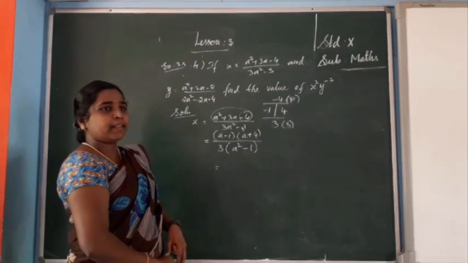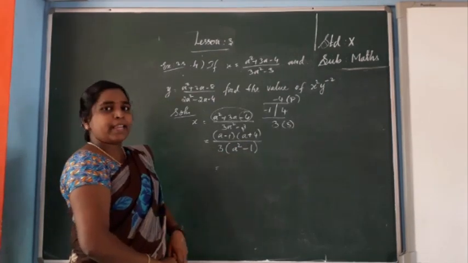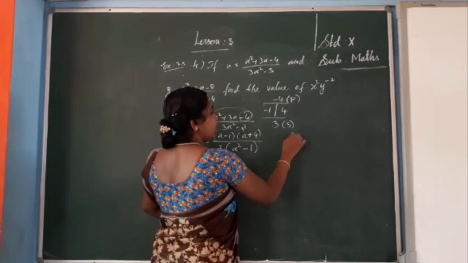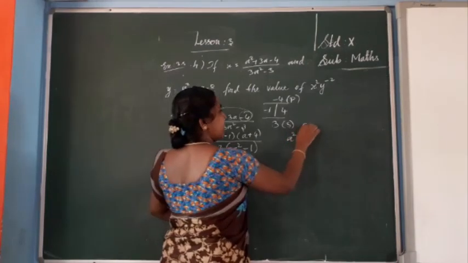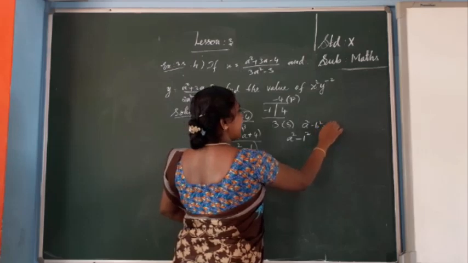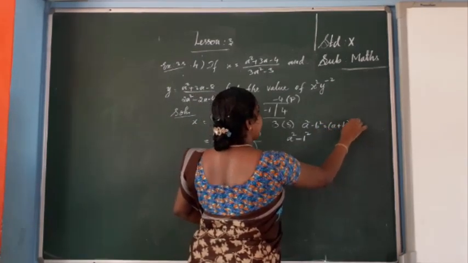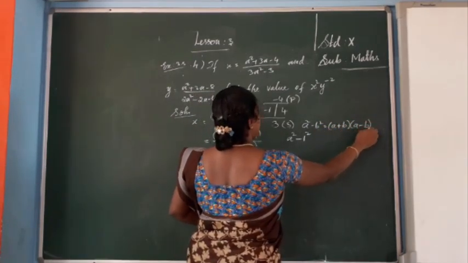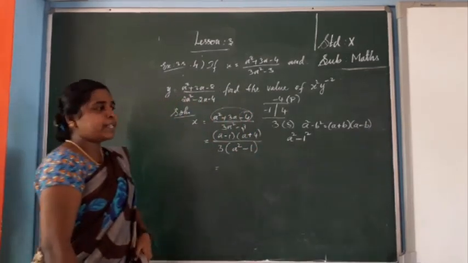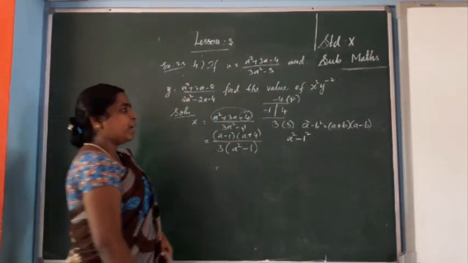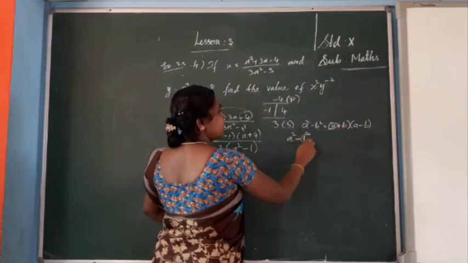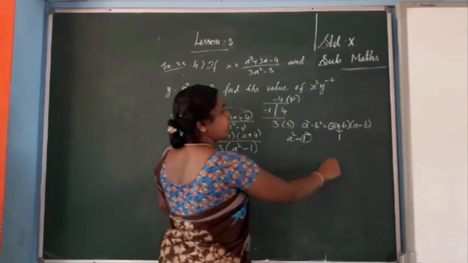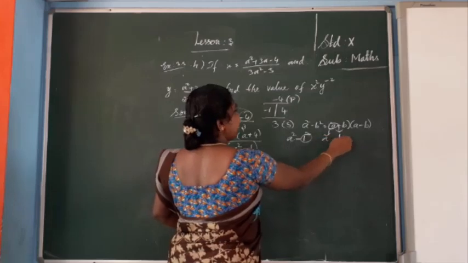It is in the form of a square minus b square, which is a plus b into a minus b. Here a is a and b is 1.